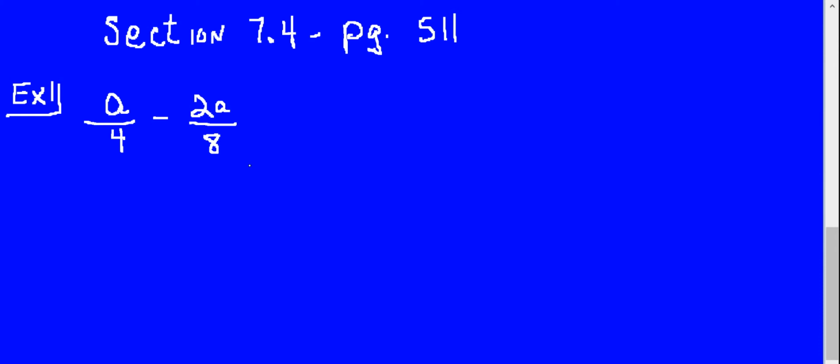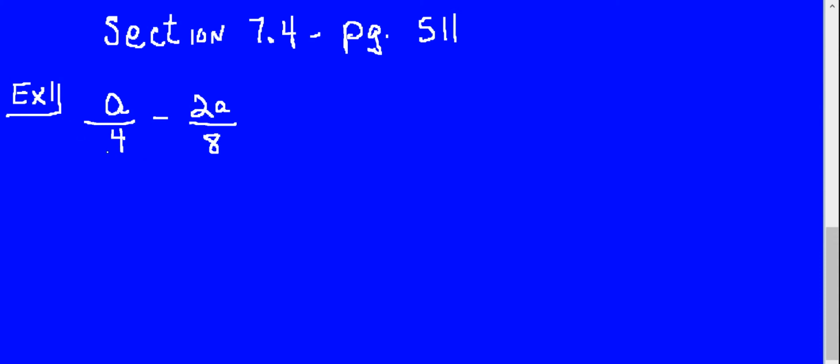We know the rule when the denominators are the same: we just add or subtract the numerators. So what I want to do is get the denominators to be the same by multiplying one of the denominators by 1, or the equivalent of 1.